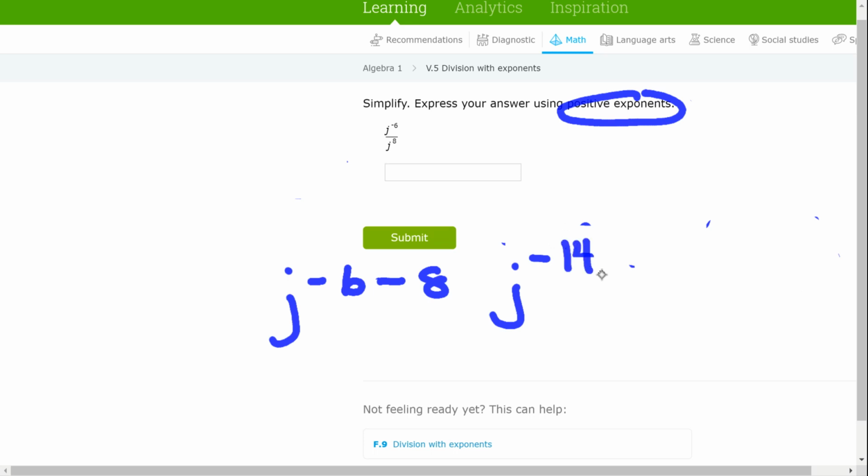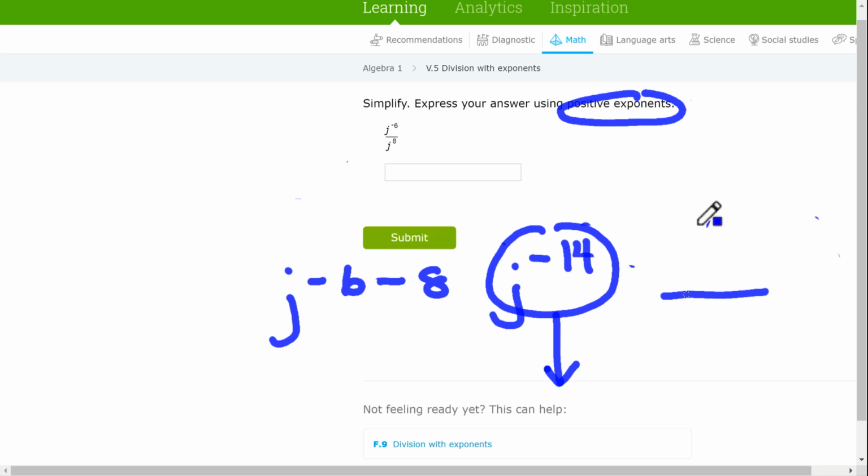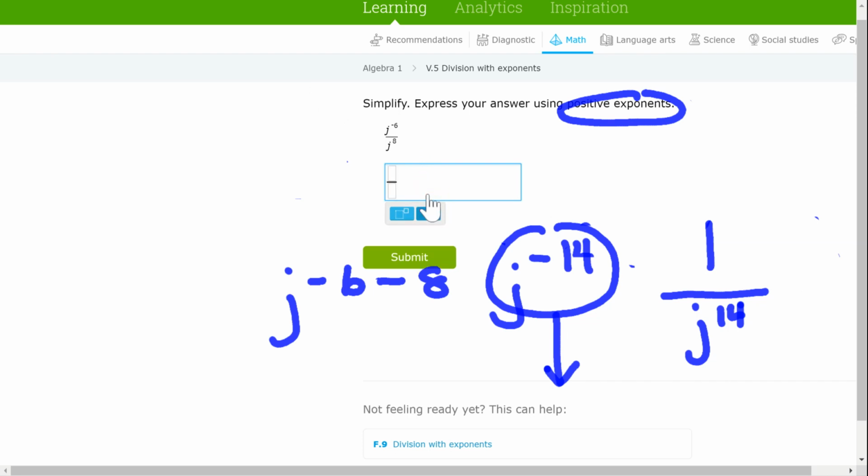Now we can't have a negative exponent. Since it's already in our numerator, we need to move it down. Since we took everything from our numerator, we're just going to leave a 1. And when you take it down to the denominator, it becomes positive. So then we're going to have a fraction. We're going to have 1 over j to the 14th.